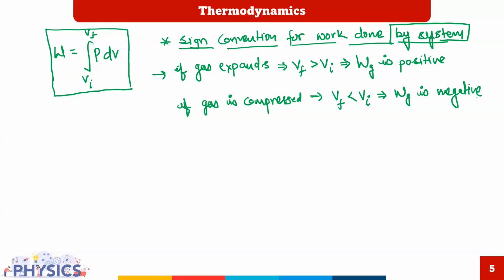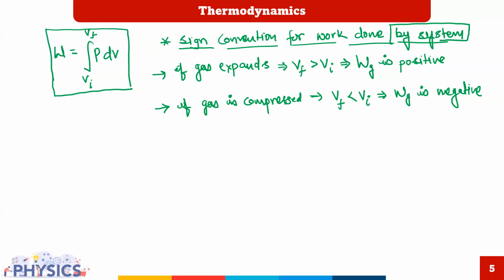Now remember, irrespective of the subject which you are studying, whether it is chemistry or physics, if gas is expanding, work done by the gas will be positive. If gas is compressed, work done by the gas will be negative. In chemistry, you calculate the work done by surrounding. So in chemistry, you say that if gas is expanding, work done by surrounding is negative. In physics, we say work done.